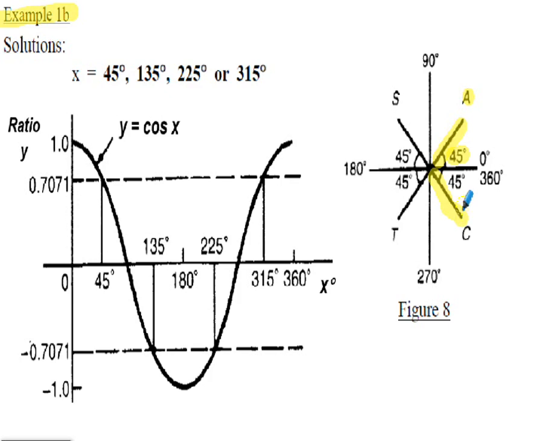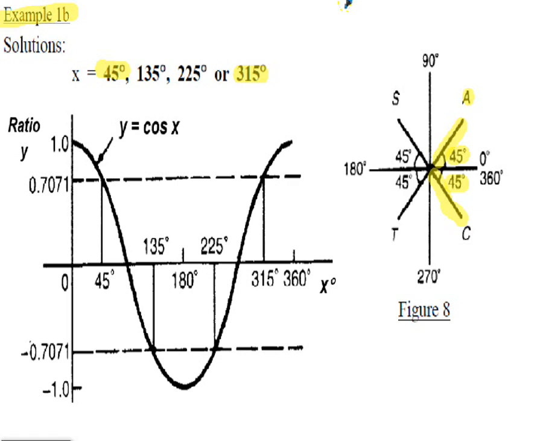That will be 360 degrees take away 45 degrees. So that's how I get the 315 degrees. So from the plus 45, I've got my 2 solutions. Plus 45 is a solution, and then knowing that the cosine curve is positive in that final quadrant, I know that 360 take away 45, 315 degrees, is another solution.